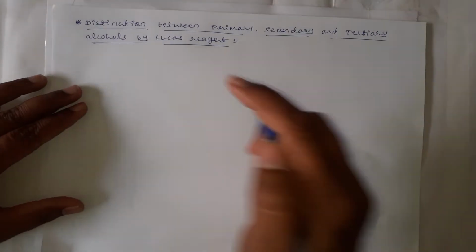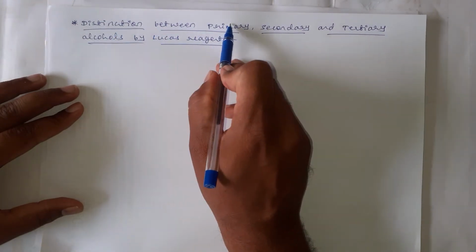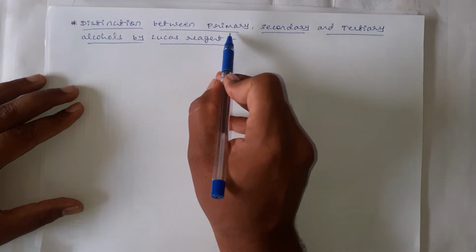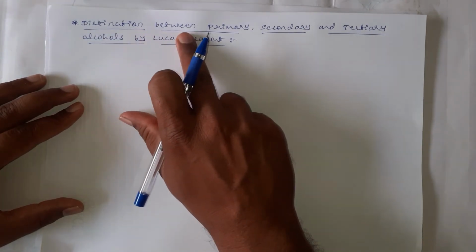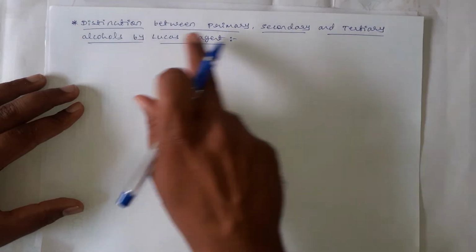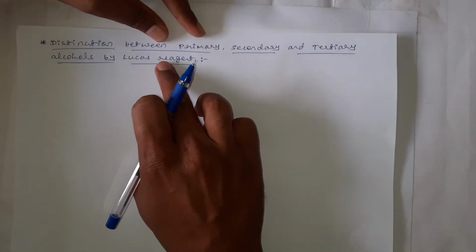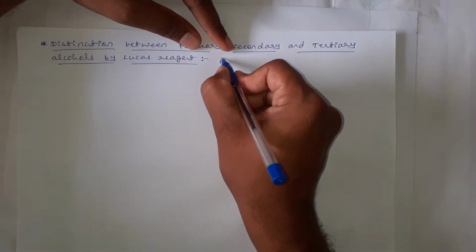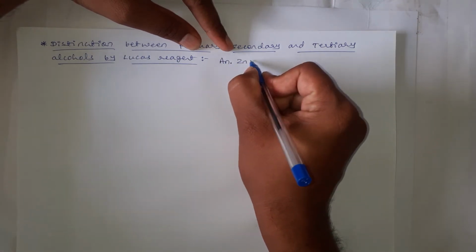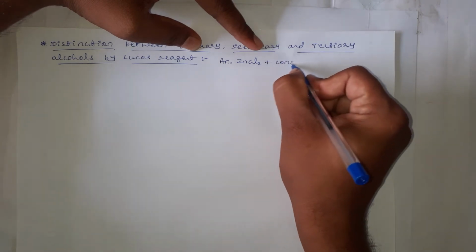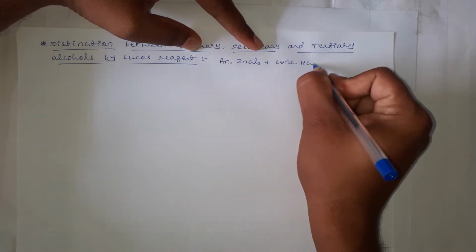And next concept is distinction between primary, secondary and tertiary alcohols by Lucas reagent. This Lucas reagent is a mixture of anhydrous ZnCl2, that is zinc chloride, and concentrated HCl.